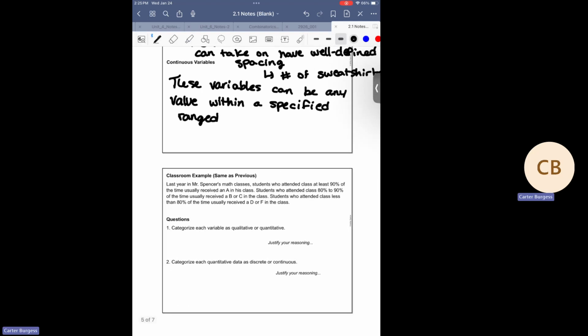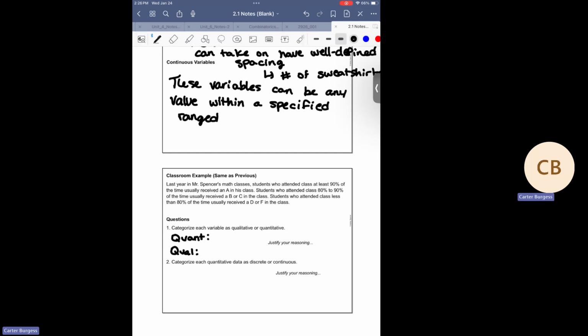So let's take a look at that example that we were looking at before, where we have, say, the grades and the percent attendance. All right. What do we have here in terms of our variables? Which of these is going to be quantitative?